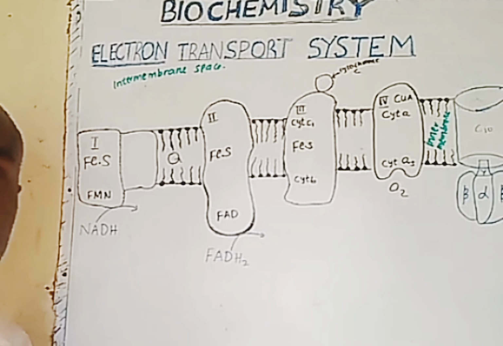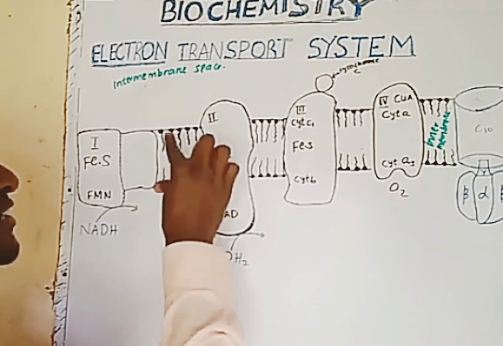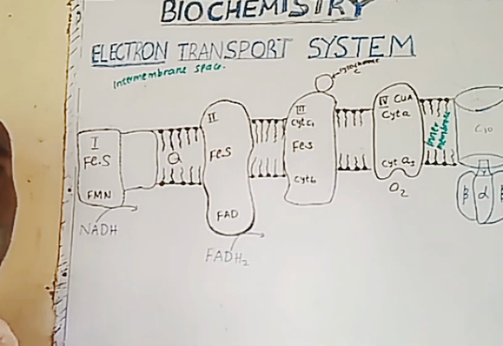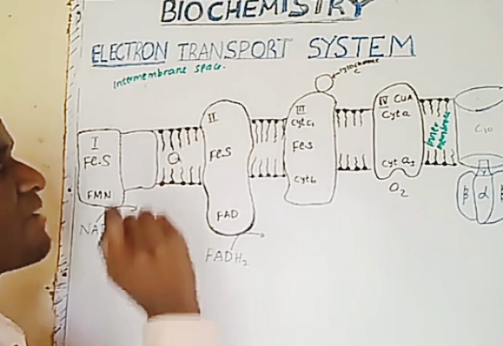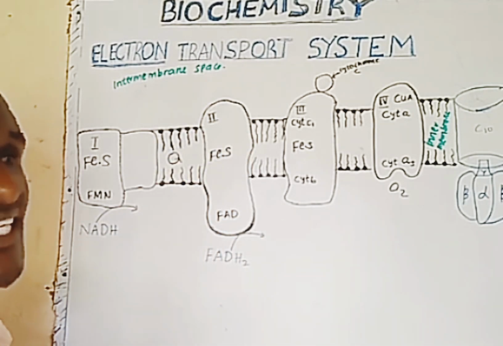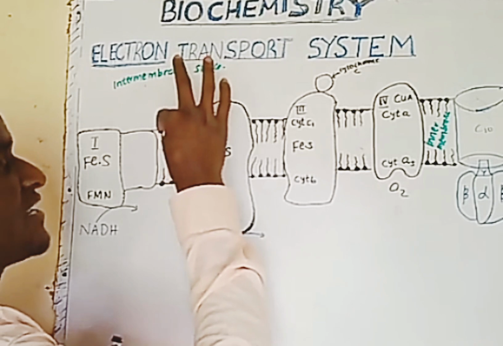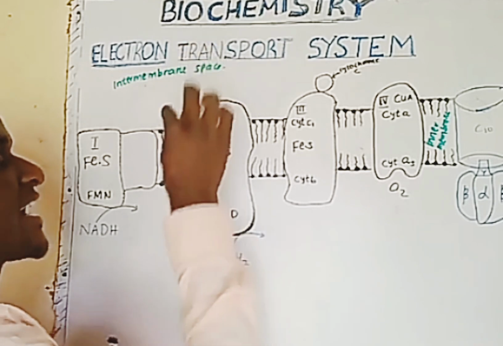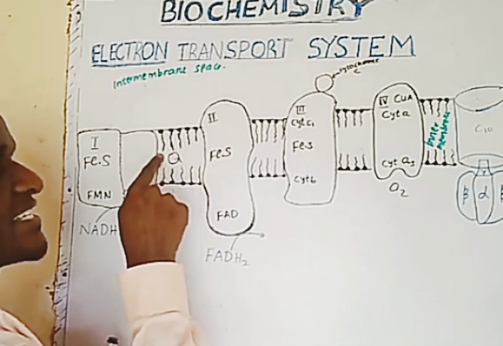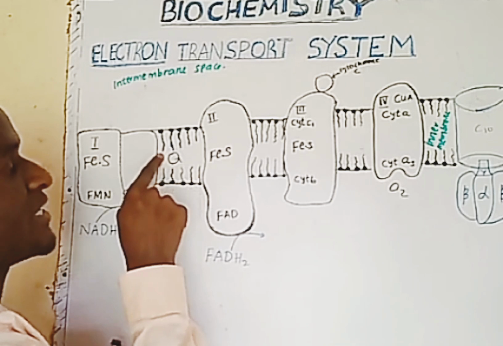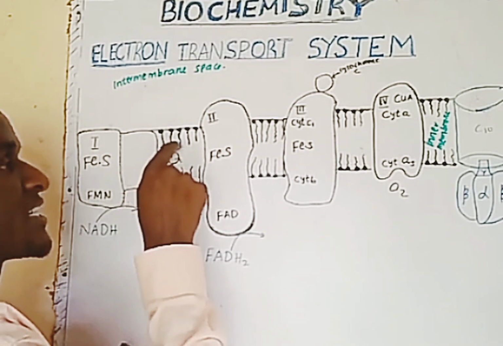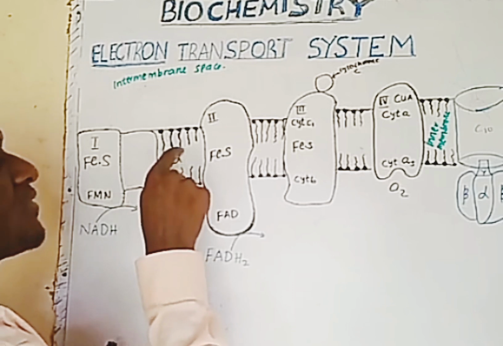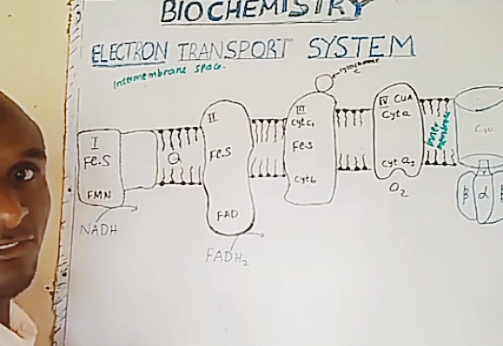We meet coenzyme Q in the inner membrane of the mitochondrion. When you take a closer look at the inner membrane of the mitochondrion, you will realize that it has the phosphate heads, which are normally hydrophilic, and the lipid tails, which are normally hydrophobic. So you expect anything that interacts with the hydrophobic region of the lipid tails to also be hydrophobic.